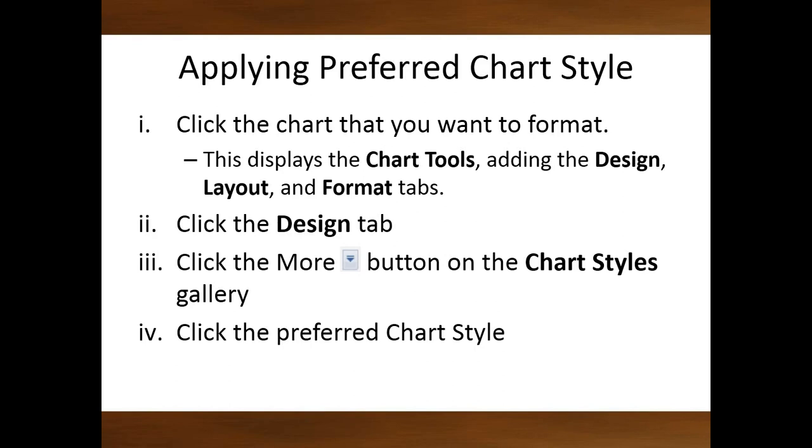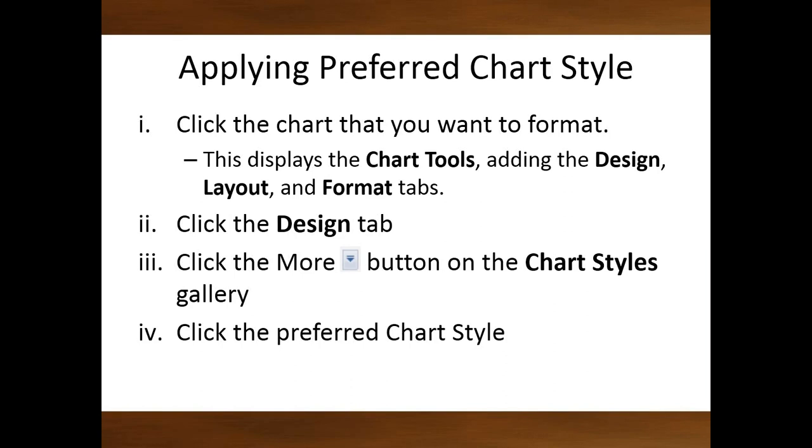Now, to choose a particular chart style, you should do the following. 1. Click the chart you want to format. 2. Click the Design tab. 3. Click the More button on the Chart Styles gallery. And then 4. Click the preferred chart style.